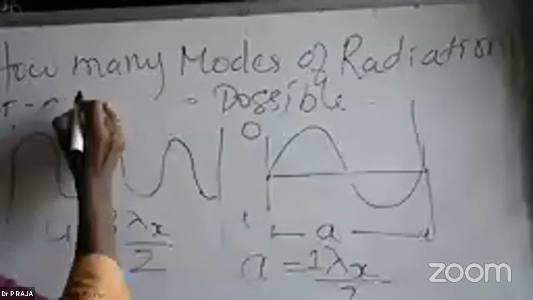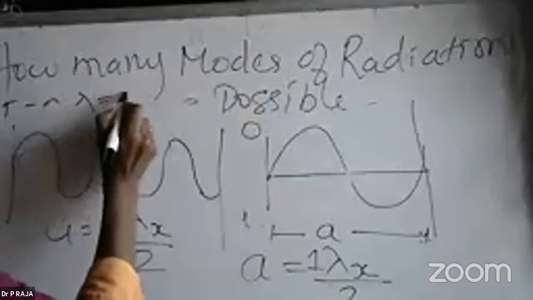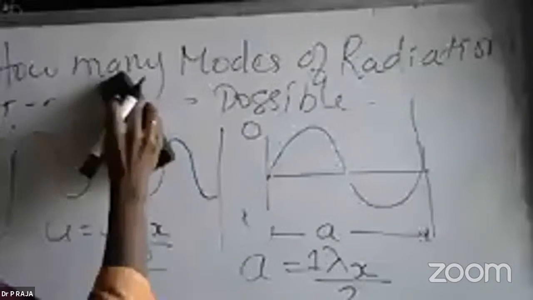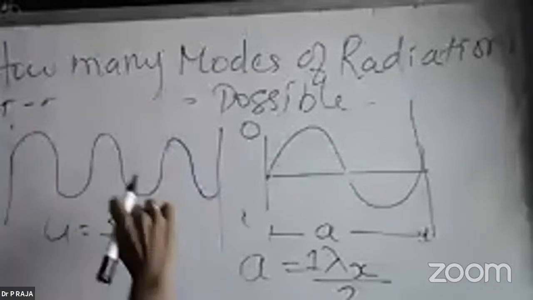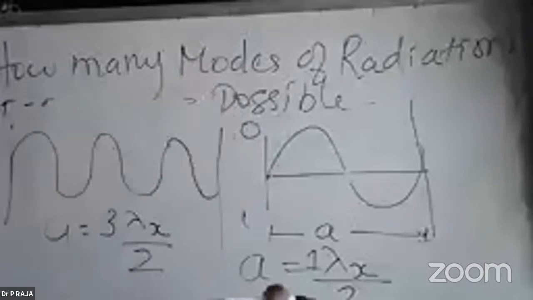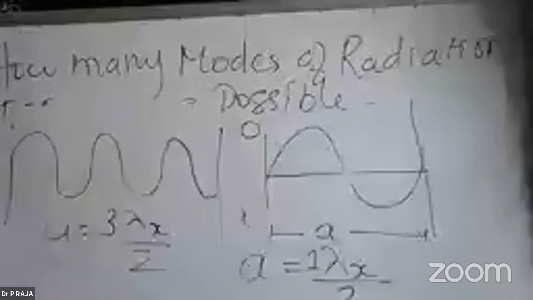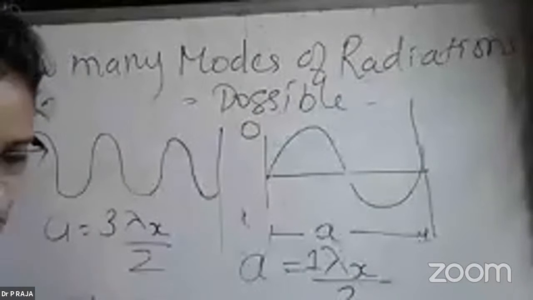The first one was just a. The second one was lambda x by 2. This one will be 3 lambda x by 2, and if you have 4 waves, it will become 4 lambda x by 2, and so on.